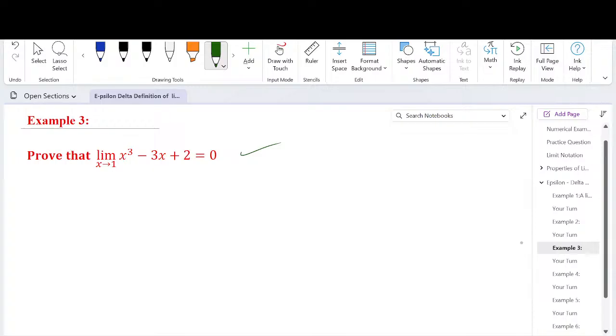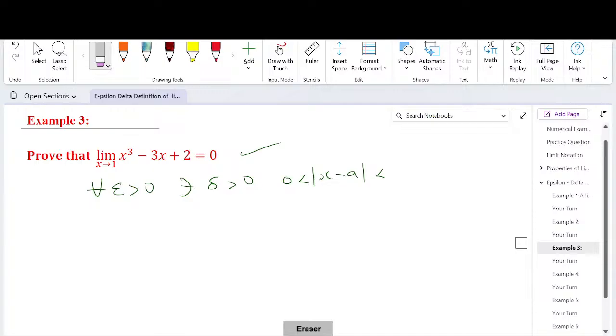So here I will say that for every epsilon greater than 0, there is a delta greater than 0, such that the closeness to point a, greater than 0 and less than delta, implies that the absolute value of f of x minus b is less than epsilon.